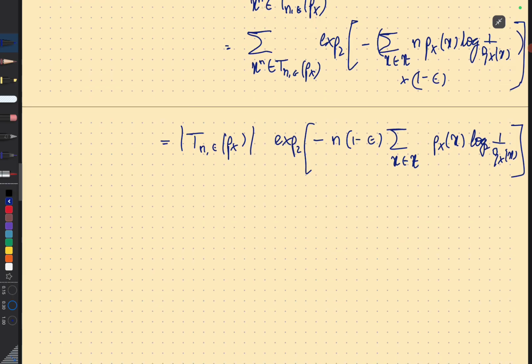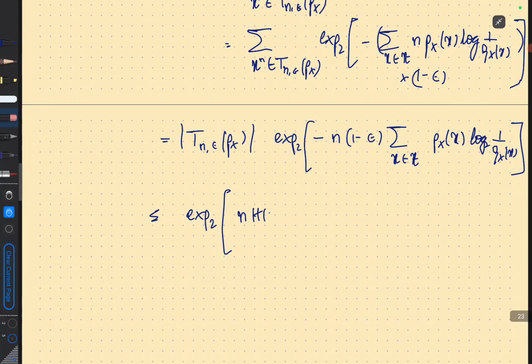But now what do we know about the size of T_n^epsilon of p_X? That's roughly 2 raised to n times the entropy of p_X times 1 plus epsilon, right? So this is less than or equal to 2 to the power n times the entropy of p_X. So let me expand that out.